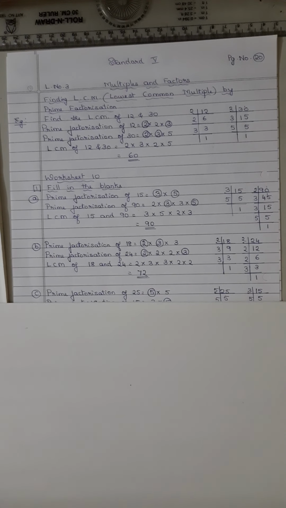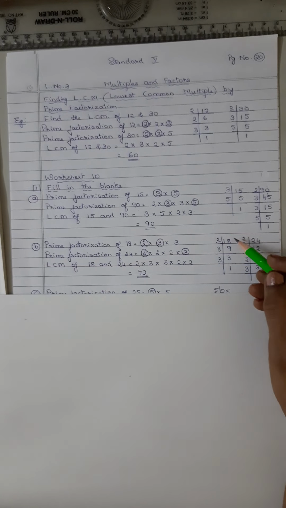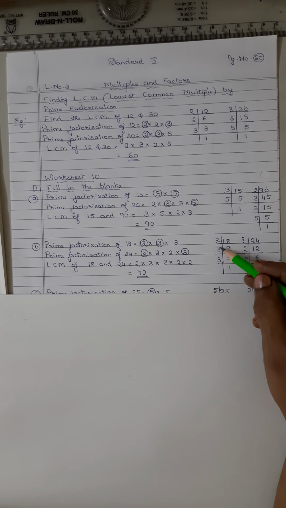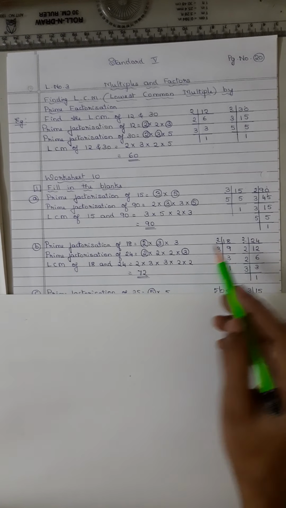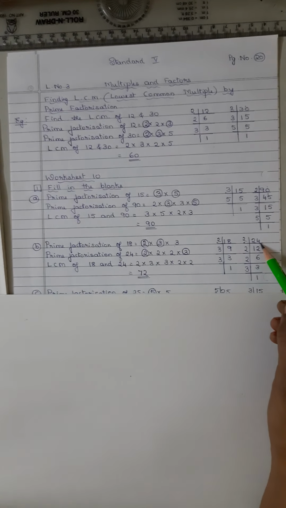Now coming to question number B. 18 and 24. 18 even number, 2 nines are 18. 9 divisible by 3. 3 threes are 9. 3 ones are 3. Right. 2 into 3 into 3. Now 24.